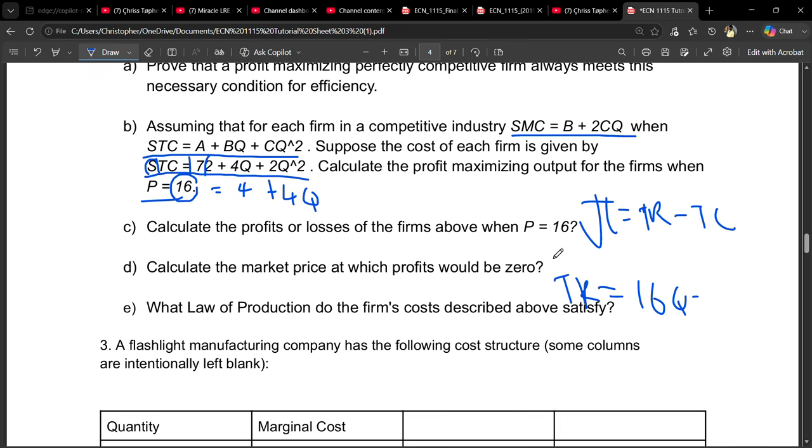Then how do we get our total cost? Our total cost is this function that we have there. Wherever there is q, we replace it with 3, the quantity that we found. So we say 72 plus 4 times 3, plus 2 times 3 to the power 2. Let me punch my calculator.